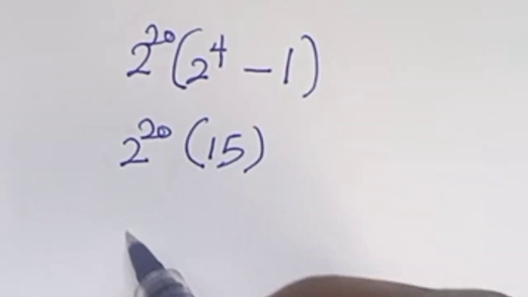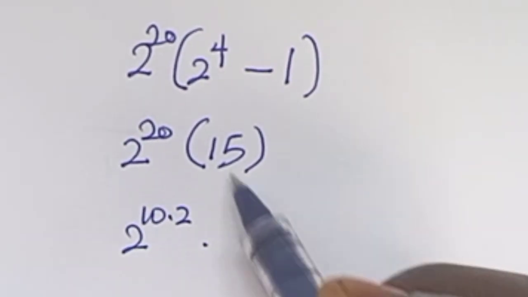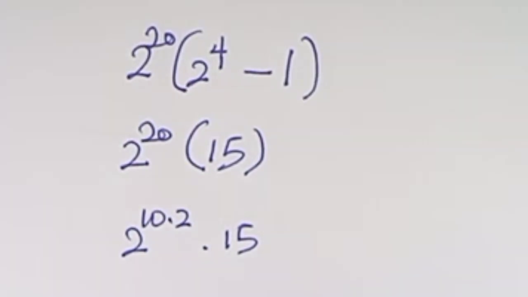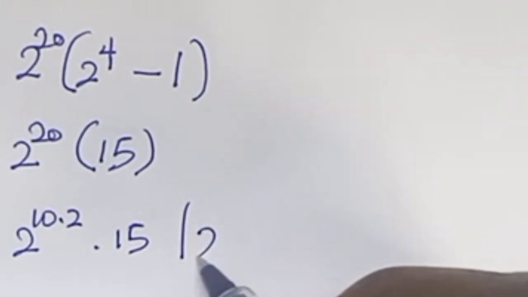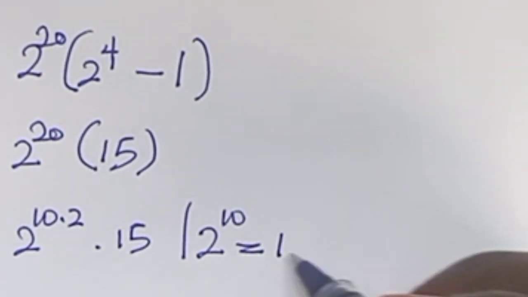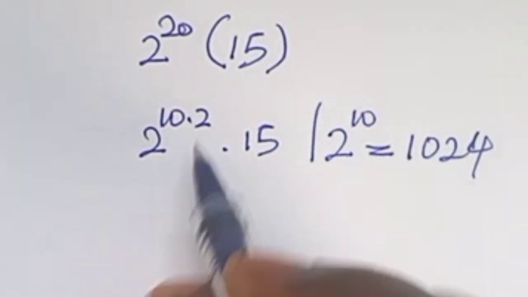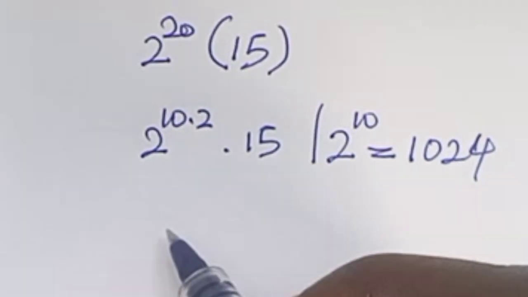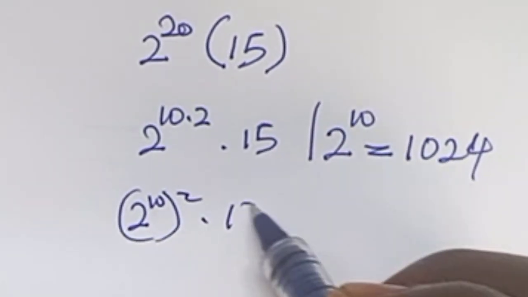20 can be split as 2 to the power of 10 times 2. And of course, times 15. But 2 to the power of 10 is equal to 1024. So here, we have it as (2 to the power of 10) to the power of 2 times 15.